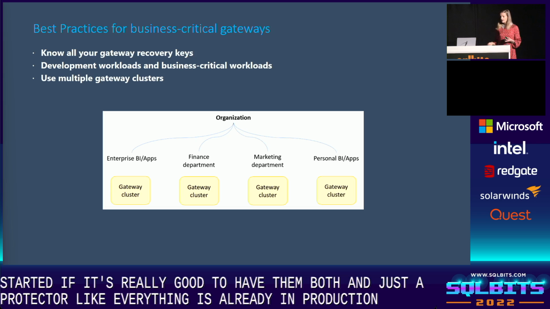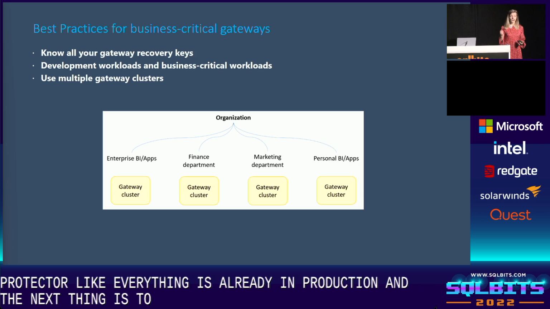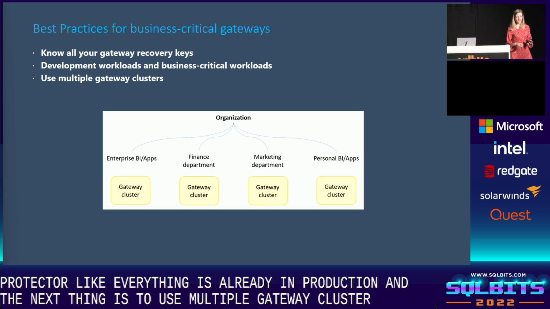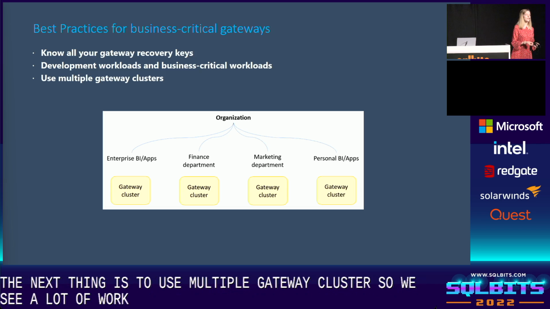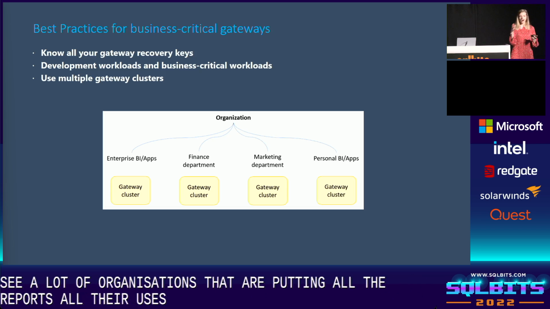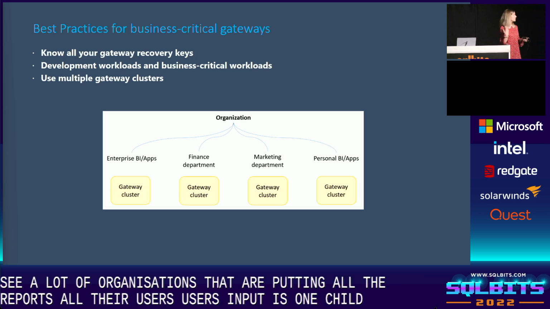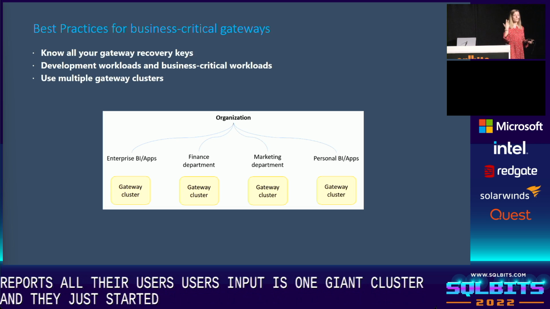And the next thing is to use multiple gateway clusters. We see a lot of organizations that are putting all their reports, all their users into this one giant cluster, and they just start adding a lot of members to that cluster.